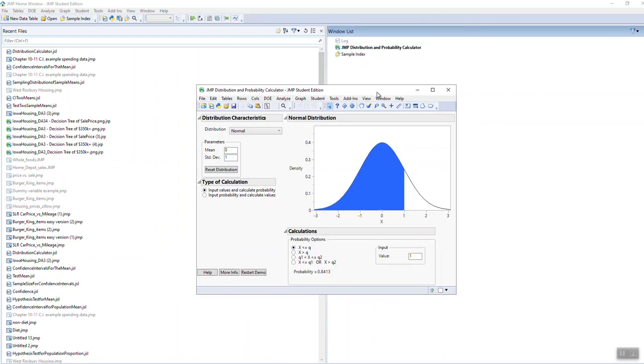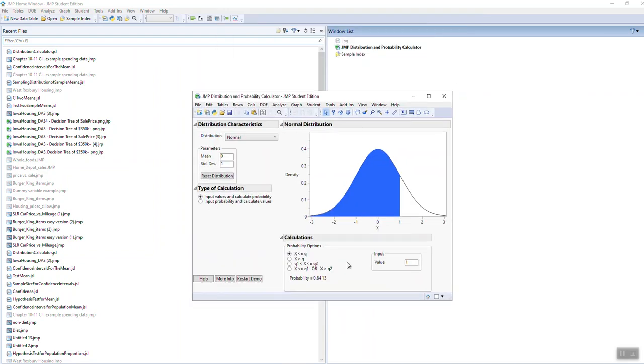Once you open it, you can see a default screen. The default distribution here is the normal distribution. If you click here, you can see many different kinds of other distributions. But for now, in this course, we are using the normal distribution.